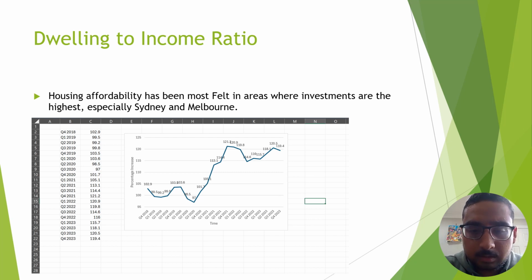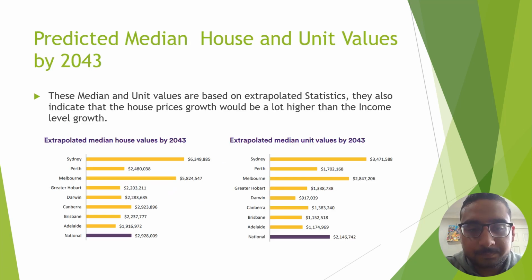We can see there has been a significant increase on a quarterly basis in the dwelling to income ratio, which clearly suggests a significant issue in housing affordability. Again, this graph is a comparative line graph, and all the percentages and the changes in effectiveness of these percentages have been marked in a high data integration model to represent them more precisely.